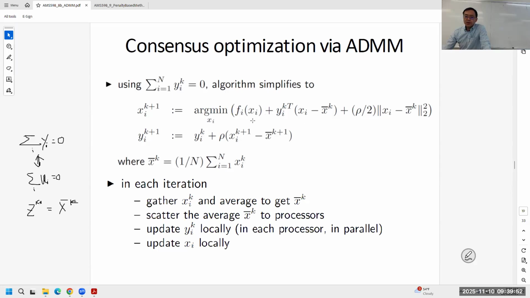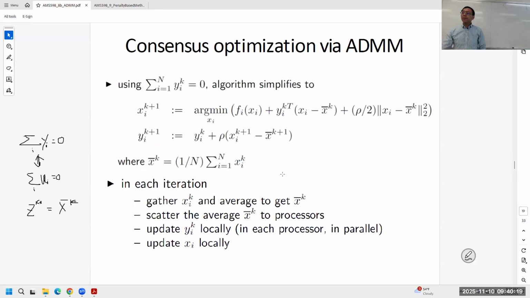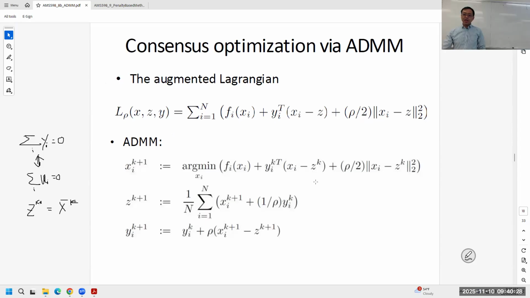The only thing you want to do now is minimize with regard to xi. The quadratic term is xi minus x bar k, the square of the L2 norm, in the last term. Then when you update yi, you just replace z with x bar. So what we did here is skip the z by replacing z with x bar k.